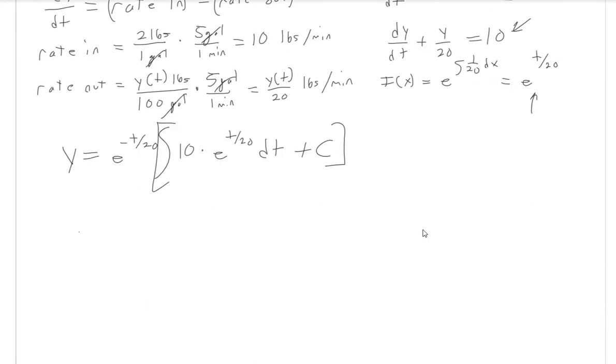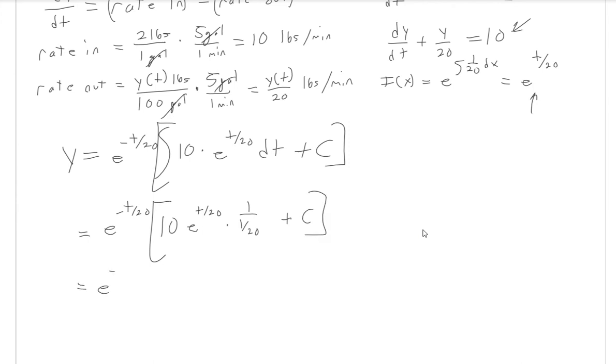Let's get some more room here. That gives us e to the negative t over 20. This integral is not too bad to solve. The 10 we can move on the outside, and when we take the integral of e to the t over 20, we get e to the t over 20, and then we also have to multiply by 1 over 20, plus c.